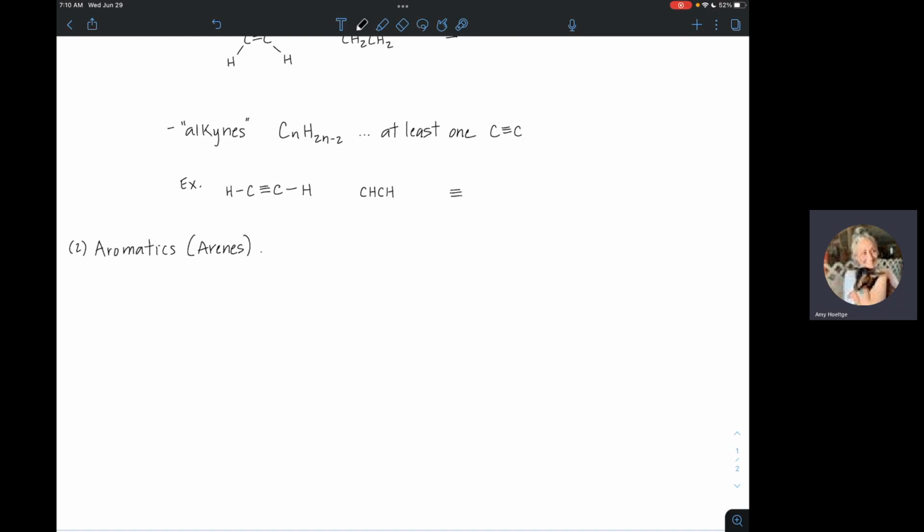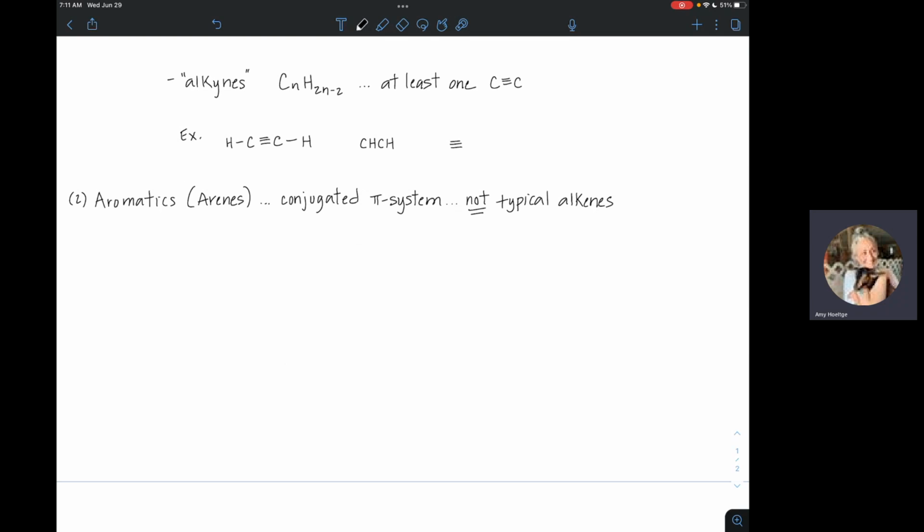In this case, we have a conjugated pi system, meaning one after the other, the bonds. Every other bond is going to be a pi bond. And they're not typical alkenes. There is an unusually high stability associated with these particular compounds.